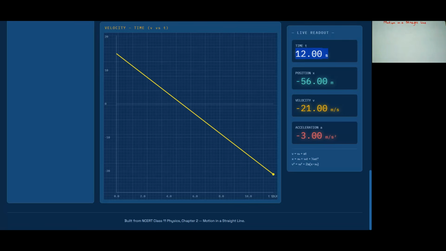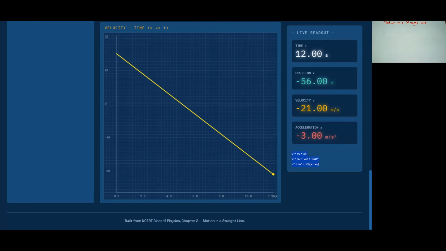So from this we can get the three kinematic equations. Already I told you: v is equal to v naught plus at, x is equal to x naught plus v naught t plus half at squared, and v squared is equal to v naught squared plus 2a(x minus x naught). Already in your book you can see that.